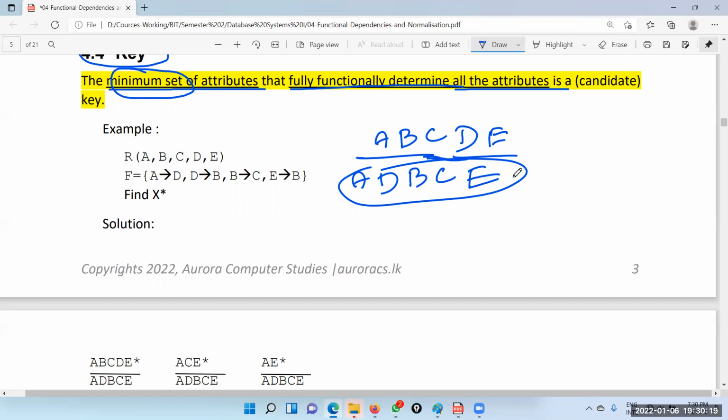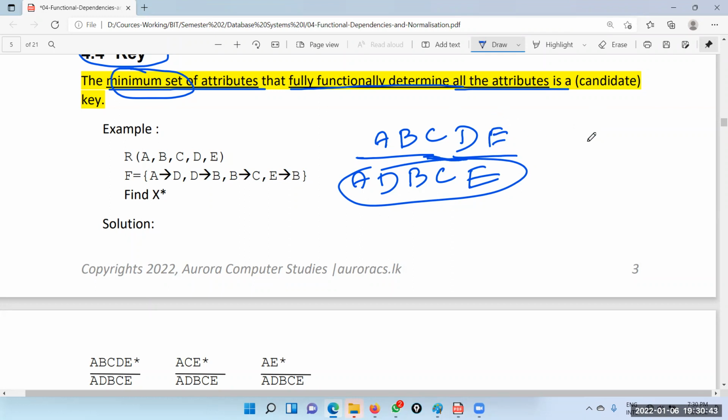And also A is a good candidate because the moment you say A, almost everything other than E is there. So A is a really good candidate, but A is not enough. Actually, we don't need B, C, D because they are not adding any value.